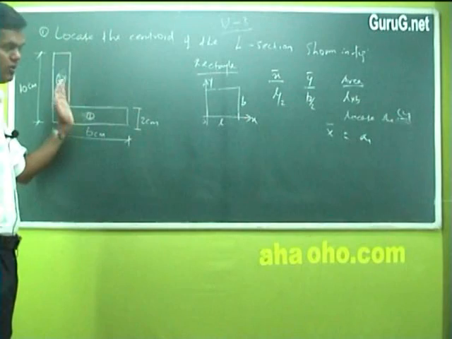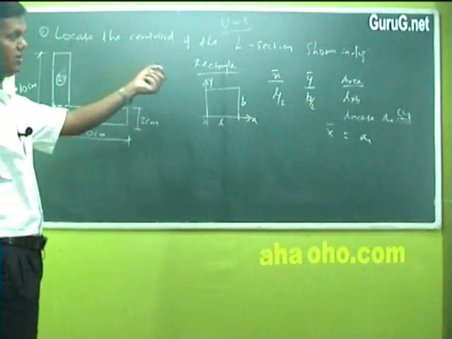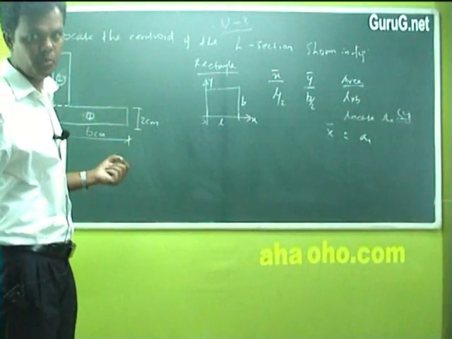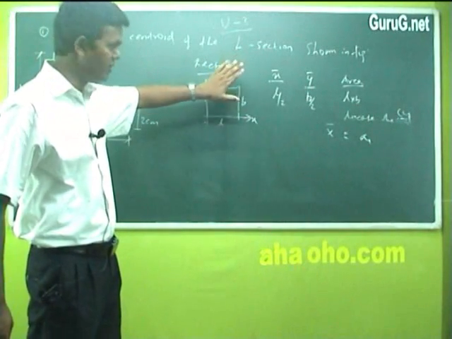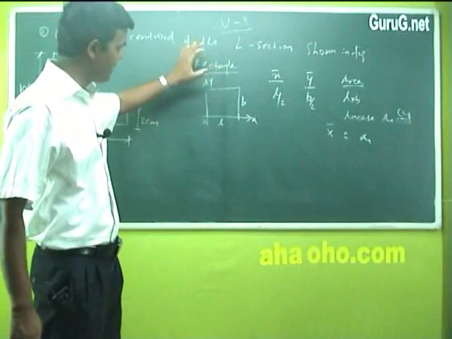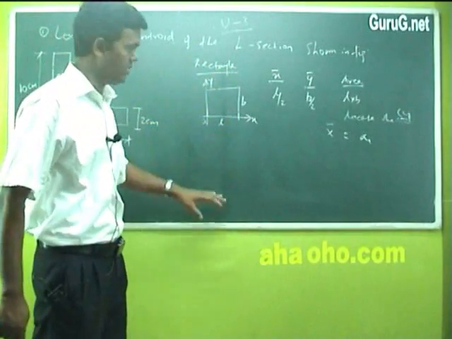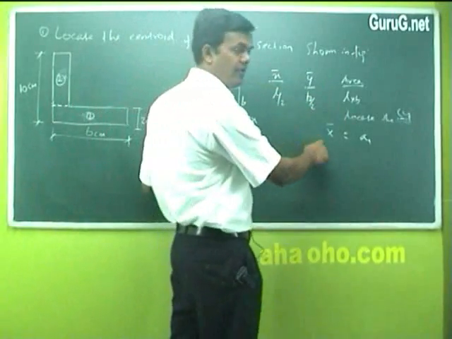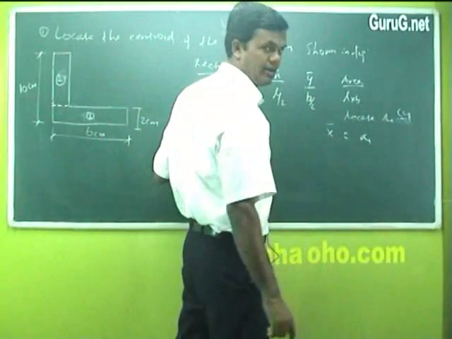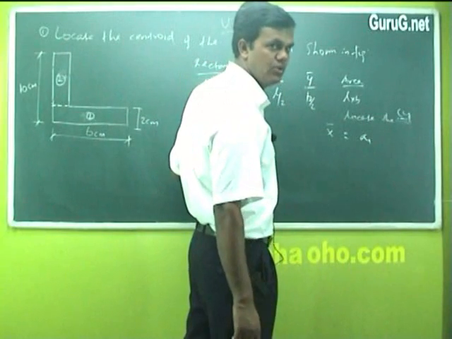Now the purpose is to find out at which point the center of gravity lies. So the formula is this, and as I told you, the formula is given in the book for rectangle, triangle, circle, etc. There we have x bar and y bar values and the area. Now finally, since there are two areas, A1 x1 and A2 x2.